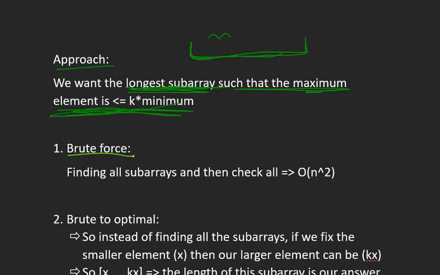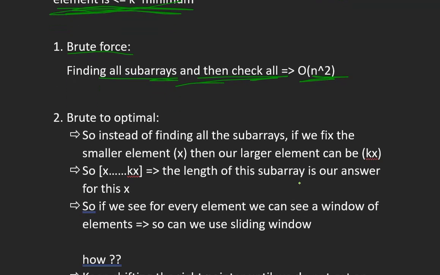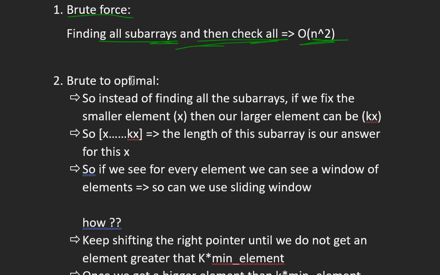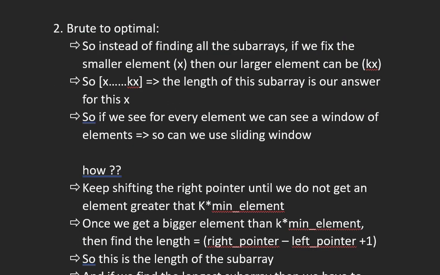So what is our brute force? We will find all subarrays and then check all of them. But in the worst case, its time complexity will be O(n squared), so the constraints won't allow us to use brute force. Instead of finding all the subarrays, suppose I fix the smaller element x.